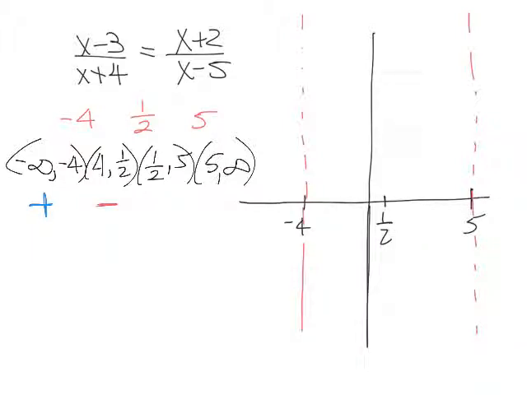There it goes below. 1/2 to 5, it's going to be above, because obviously if 1/2 is the 0 or the x-intercept, the graph crosses, so it's going to have to cross from either negative to positive or positive to negative, and in this case it crossed from negative to positive. And then the final one, 5 to infinity, we are at negative. So we've got that. The question was just solve it.